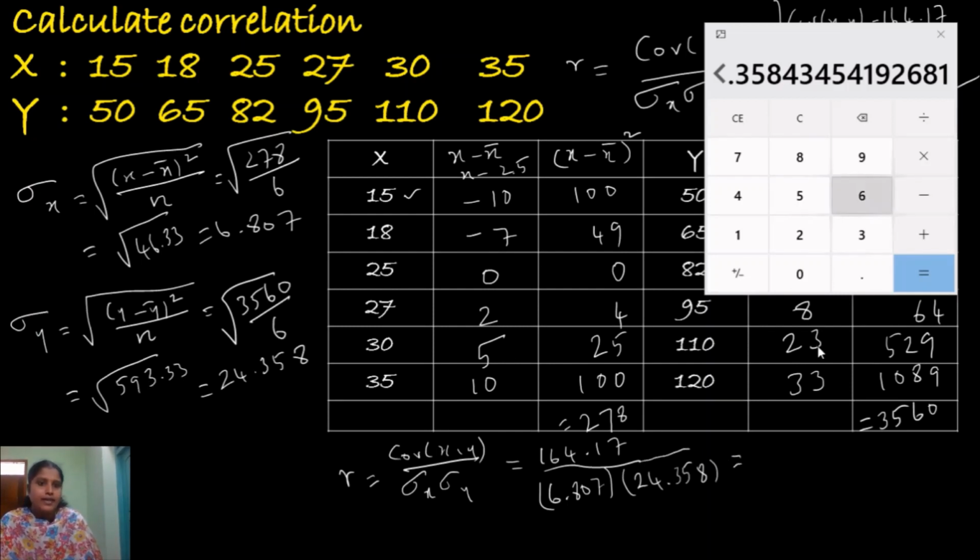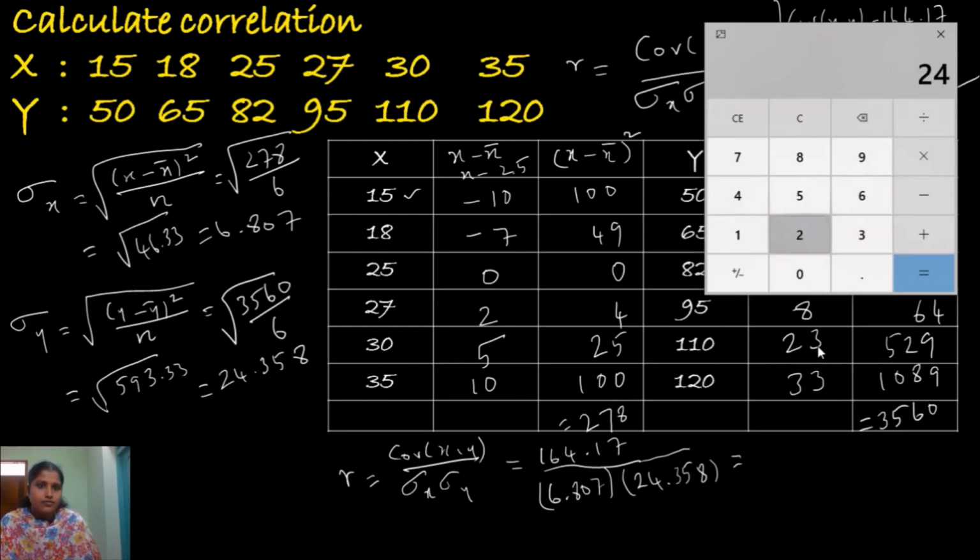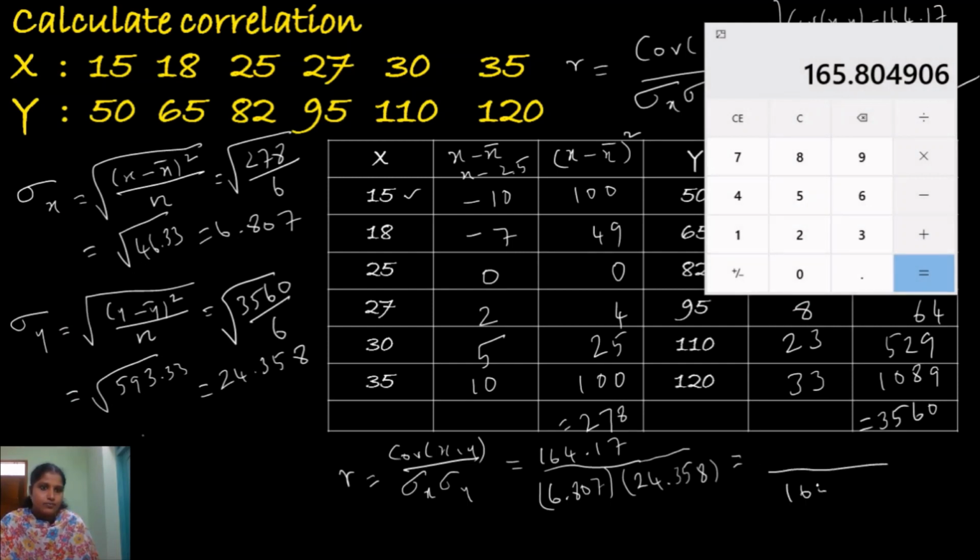When you multiply these, we get 165.805.